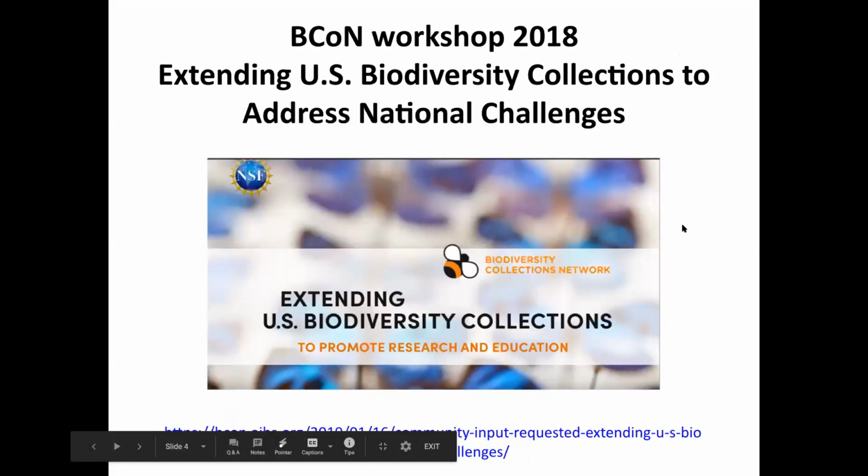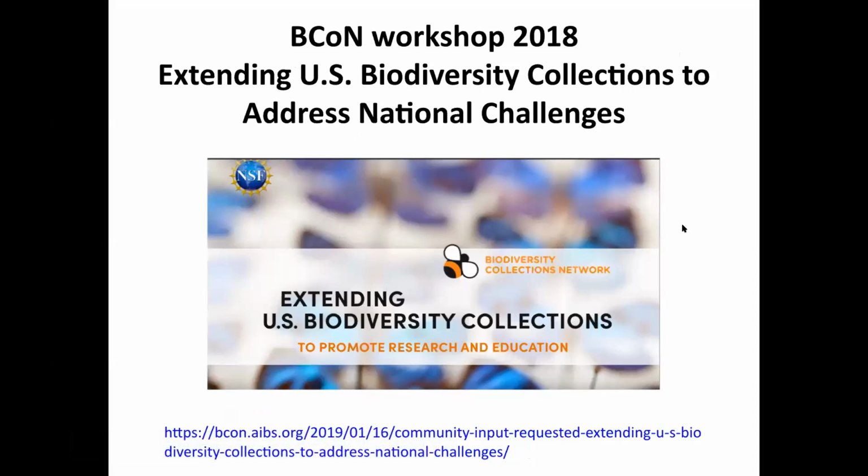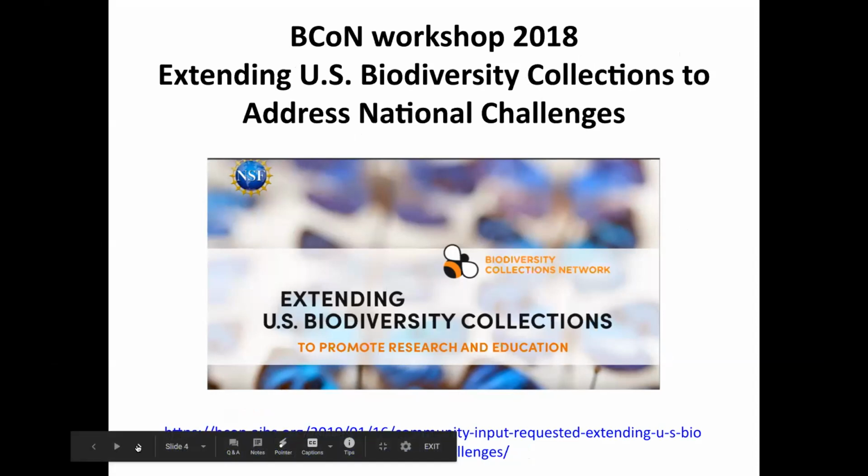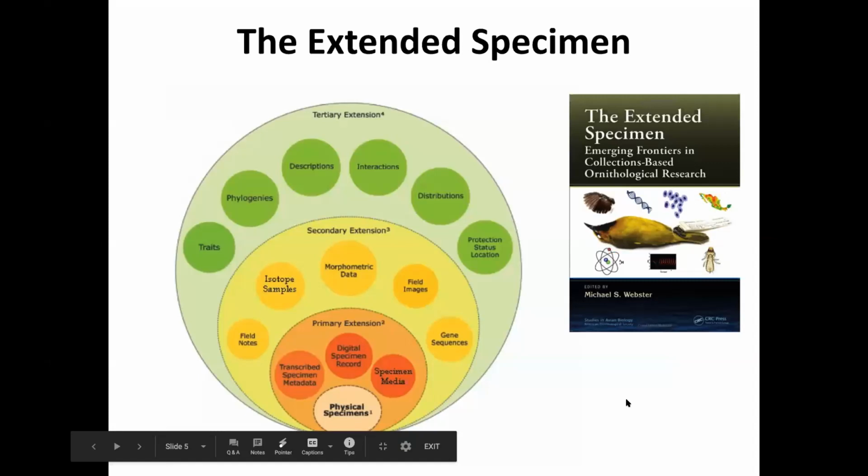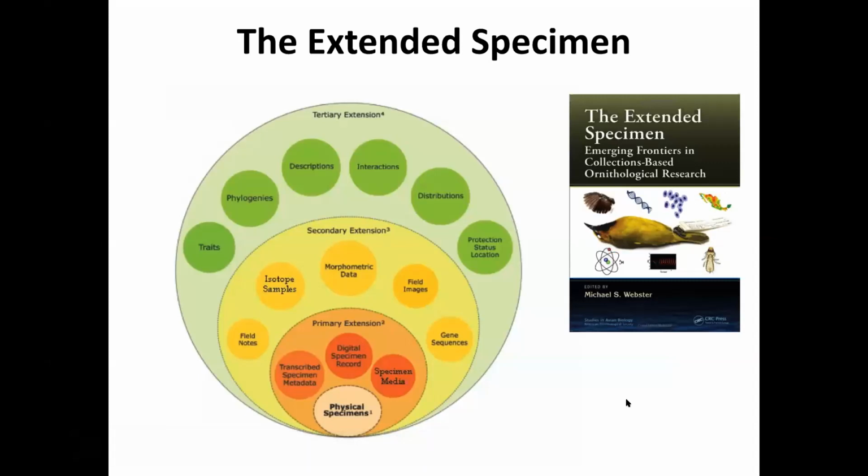That culminated in a workshop held towards the end of 2018, which resulted in a publication called Extending US Biodiversity Collections to Address National Challenges. Within that report was the concept of the extended specimen, which was built out of Michael Webster's original concept of the extended specimen published in 2017.